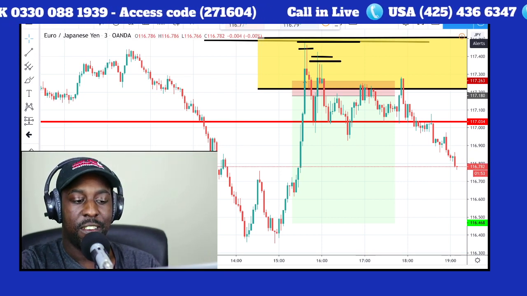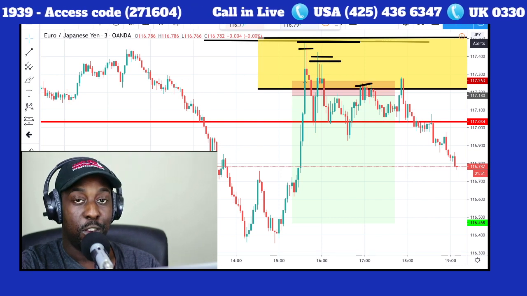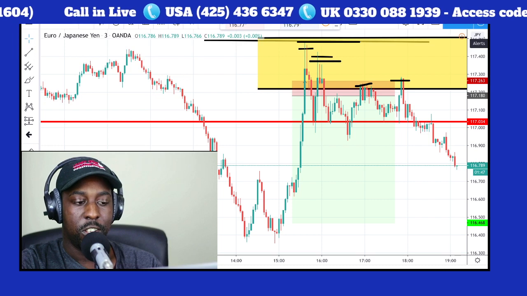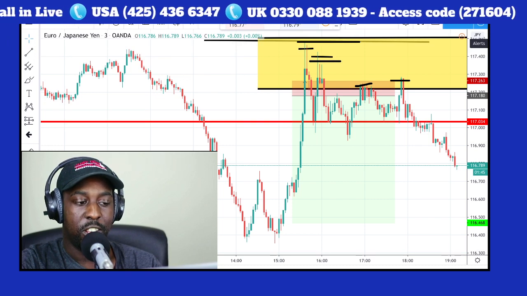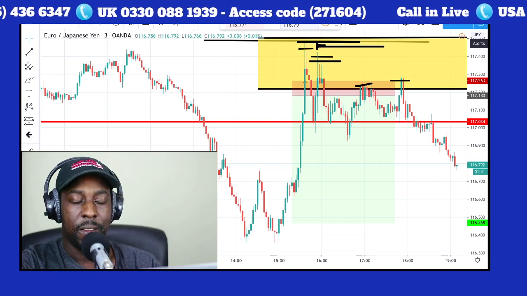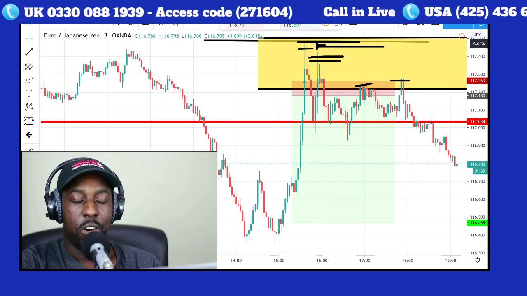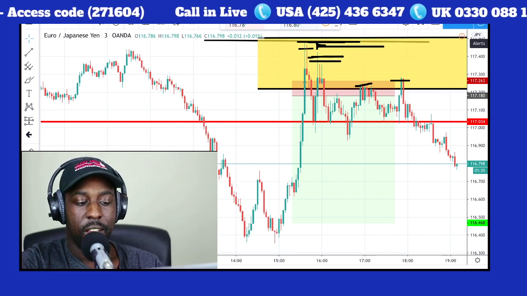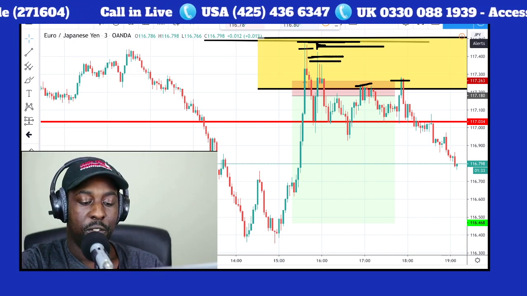When we start getting to areas like this, it becomes great if it works, but don't be surprised if it doesn't work. So I'd always be trying to look for stuff like this with a stop loss above here, and most likely a secondary somewhere like here. But generally on the right kind of currency, you'll see good opportunities on these particular trades.